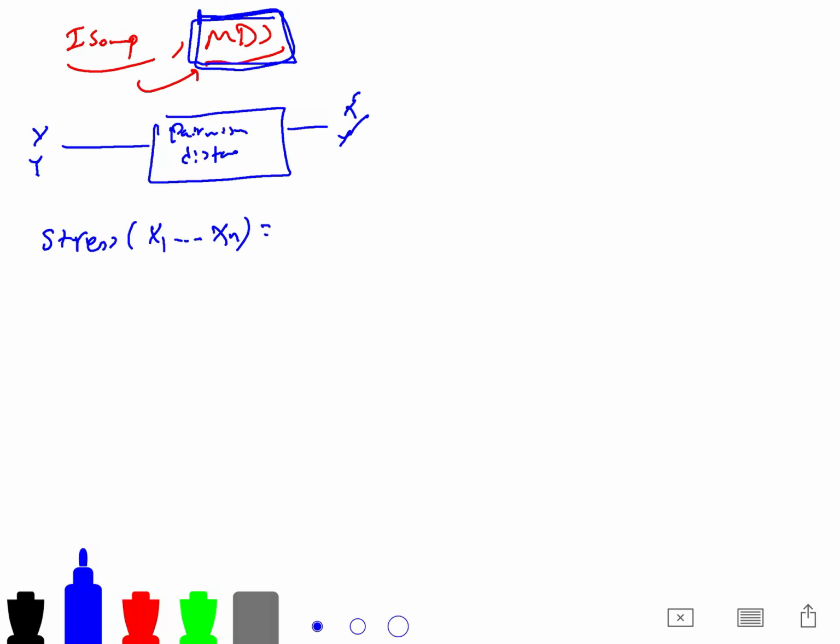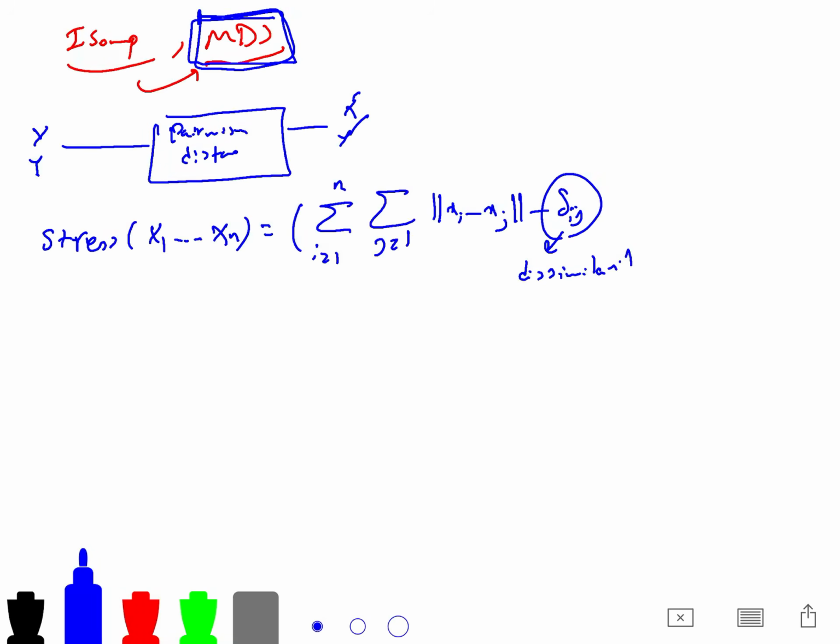We define a stress to be the sum from i from 1 to n, j from 1 to n, of the norm of xi minus xj minus delta ij, which is the similarity in the original space. And this is the similarity in the projected space.